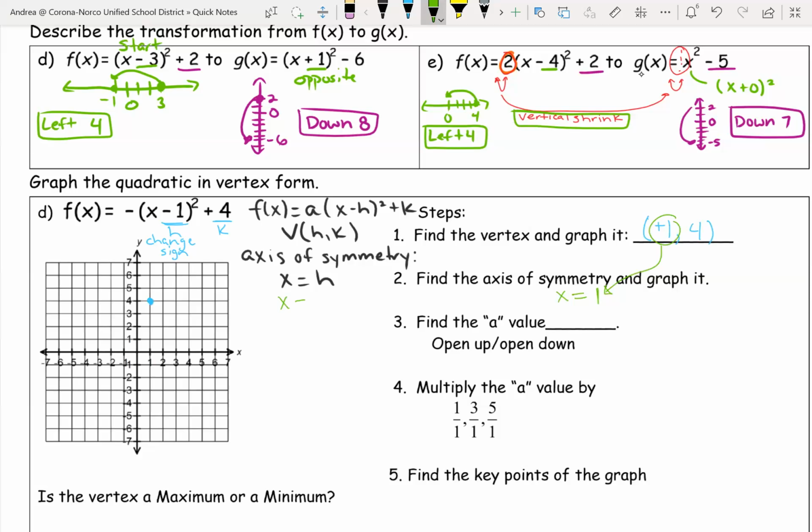Okay, so I'm going to draw that line down the center. Any questions over that? Okay, the next thing we need to do is find the a value.